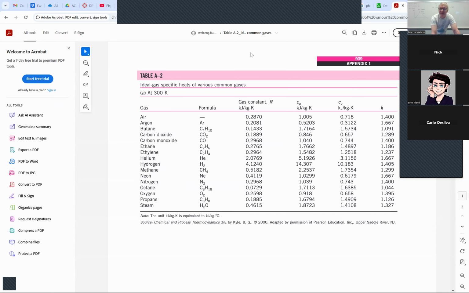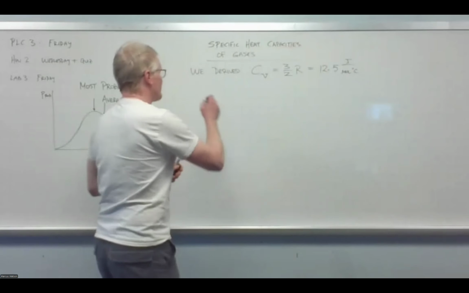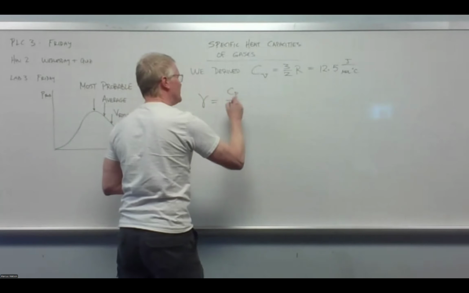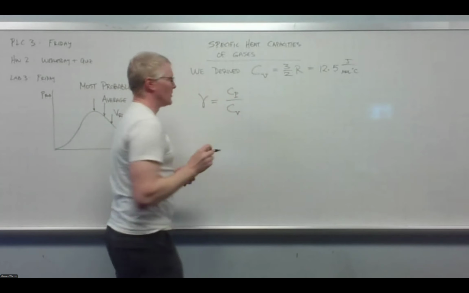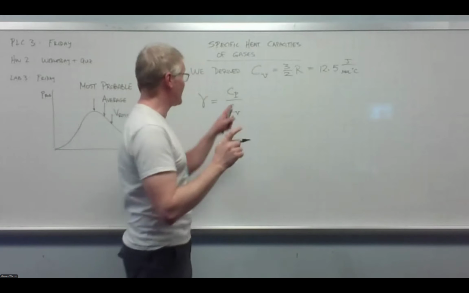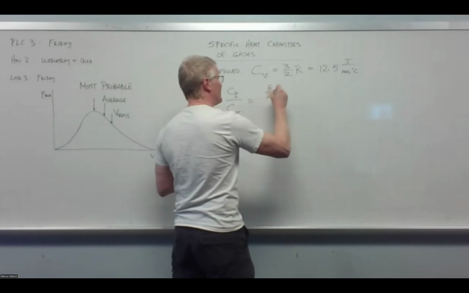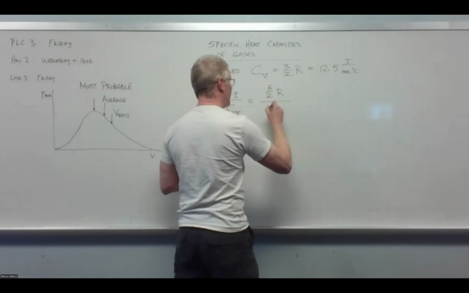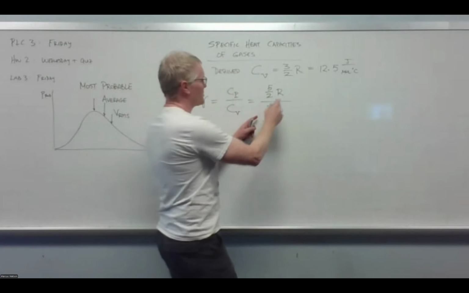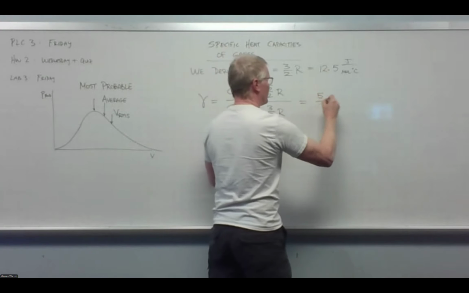What's going on here? So let's take a look at the gamma value, Cp over Cv. Our ideal gas so far has told us that Cp is 5/2 R and Cv is 3/2 R. So this turns out to be 5/3.